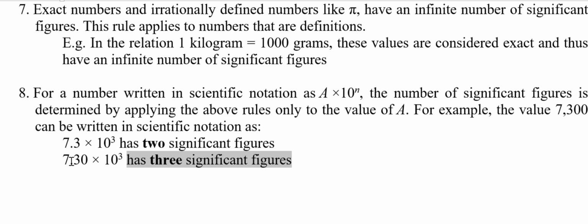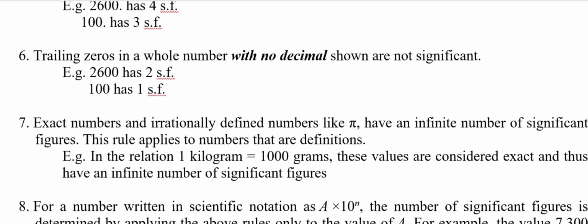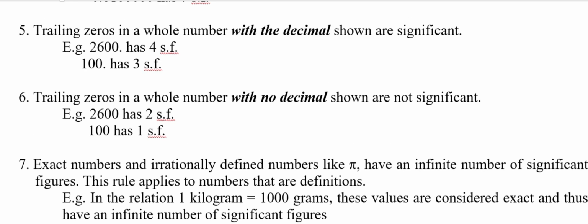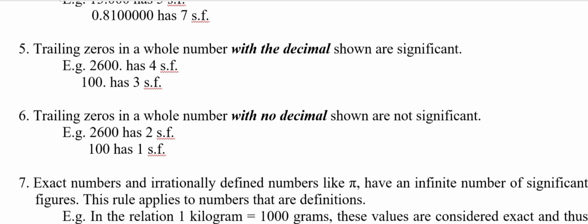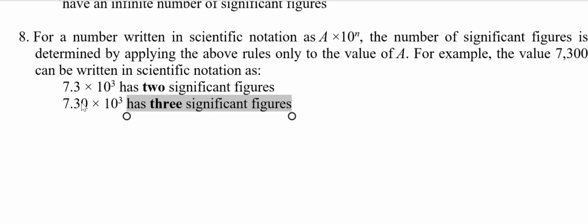So for this case, you realize this 0 is a trailing 0, and we said trailing zeros to the right of the decimal are significant. We just talked about it here. So this 0 is to the right of a decimal, and therefore it's considered significant. And therefore we have 1, 2, 3 significant figures.